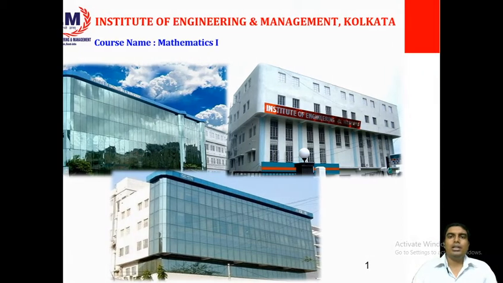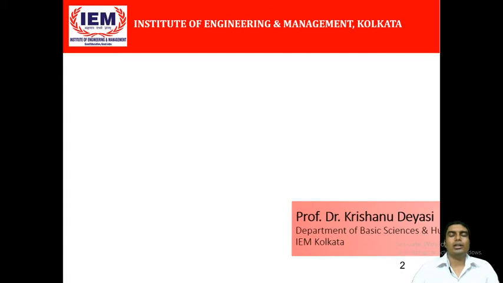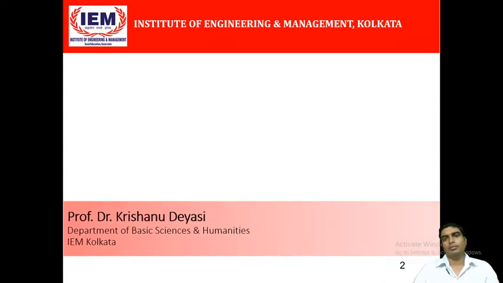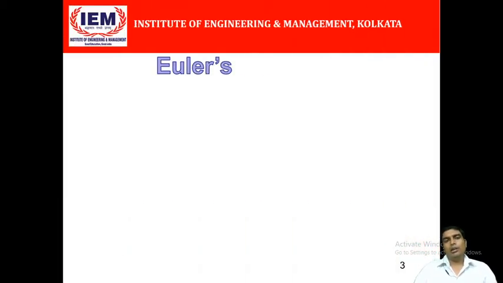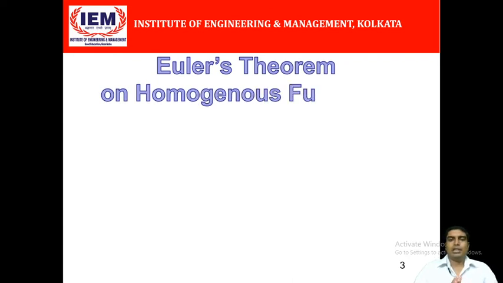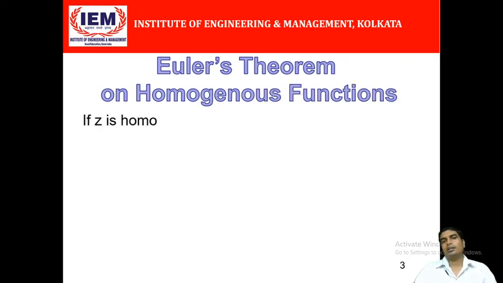So, in this lecture, I will talk about the Euler theorem. The Euler theorem I already talked about in the previous lecture. In this lecture, I mainly talked about the Euler theorem of the first order partial derivative. So, what was that theorem?